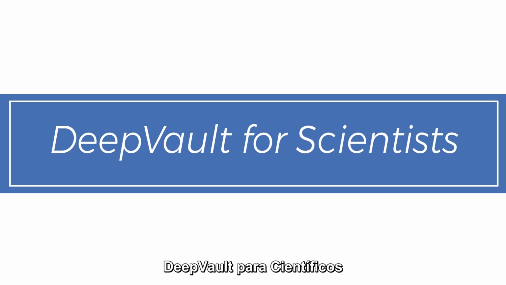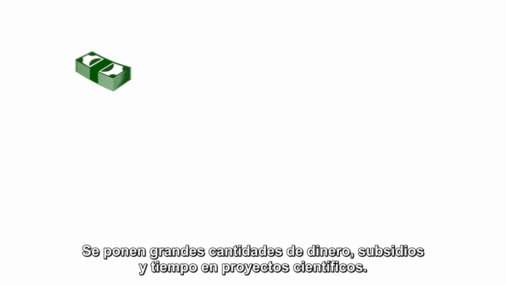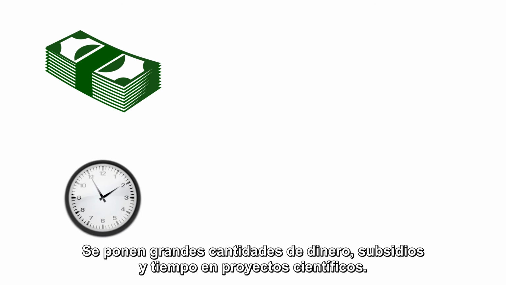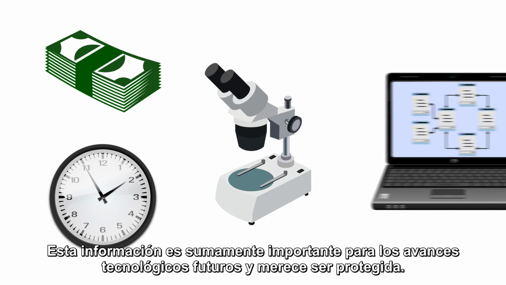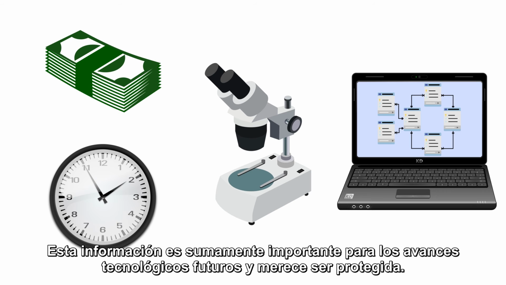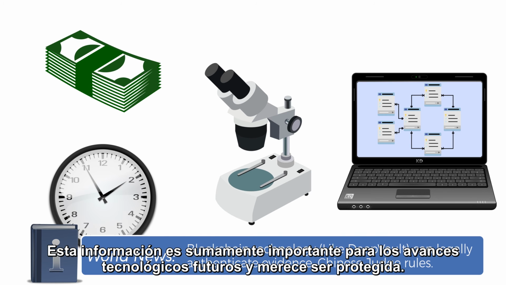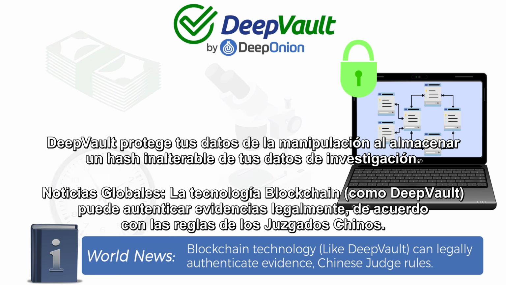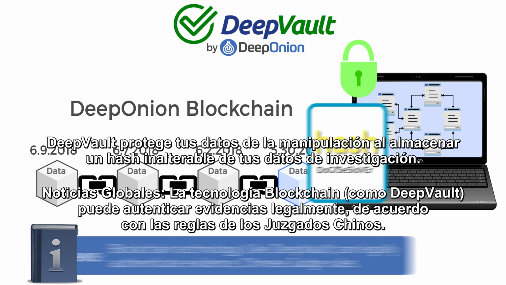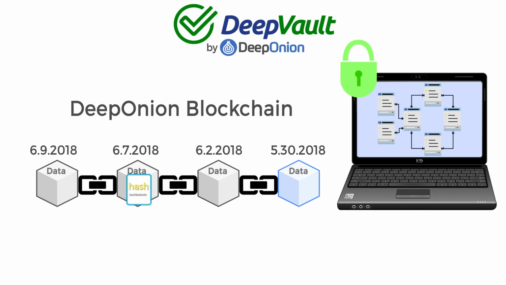DeepVault for scientists. Vast sums of money, grants, and time are placed upon scientific projects. This data is incredibly important to future technological advancements and deserves to be protected. DeepVault protects your data from tampering by storing an immutable hash of your research data.